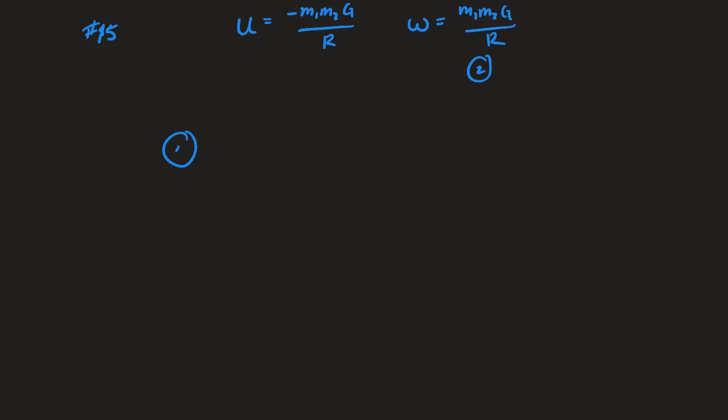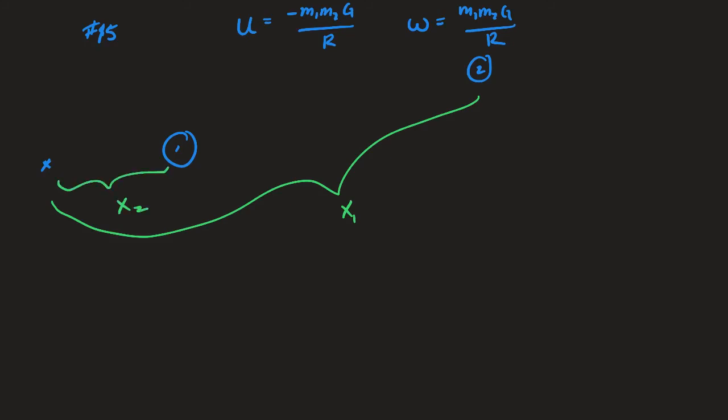So let's say this is our reference point, this little x over here, and we're going to bring our object from x1 to x2. We want to know how much work is done. Okay?